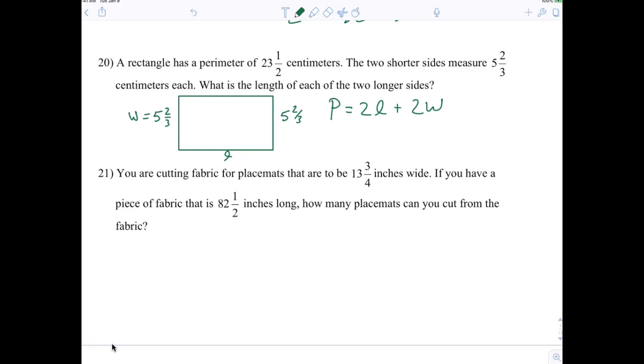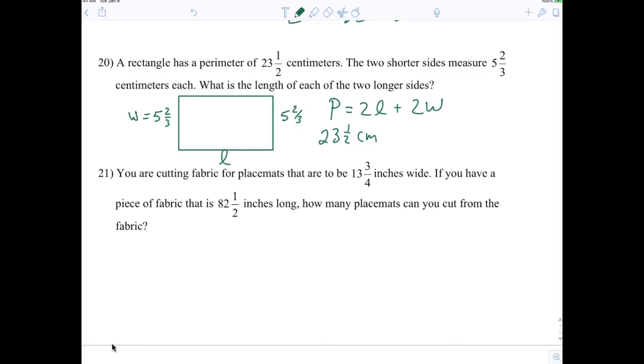All right? Now, what do we have right now? We have a perimeter, right? So what's the perimeter? 23 and 1/2 centimeters. Now what I'm trying to do is find the length.